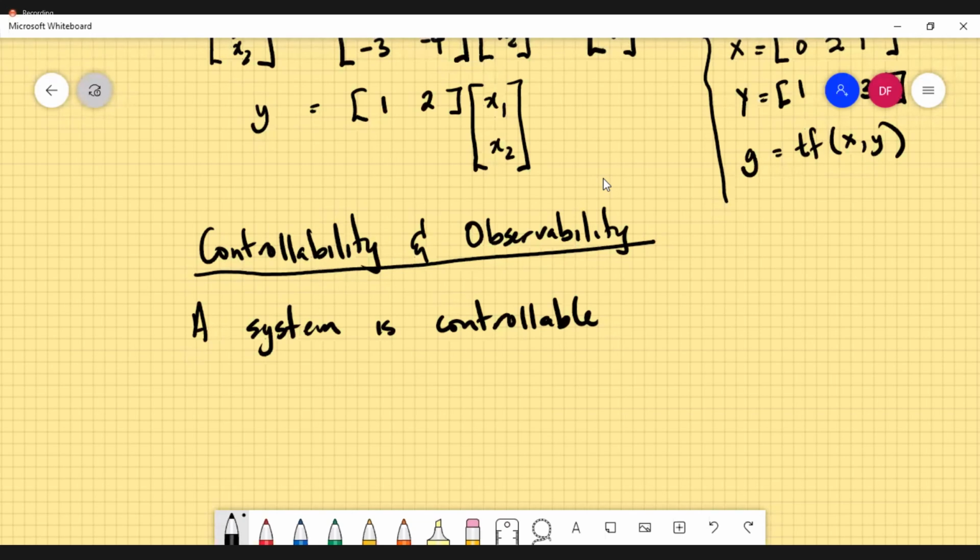I don't know if any girls in the class. So any system at all is controllable if and only if there exists, and that is the backward E, means there exists. Get used to it.